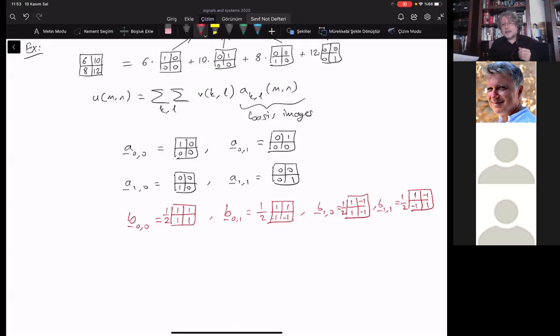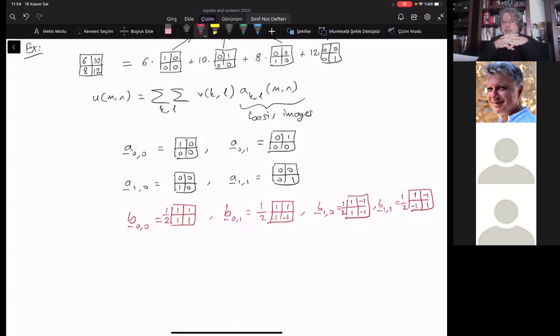And when you take the inner products of one another, like B0,0 inner product with B0,1, in half of the cases, positive 1/2s will multiply with positive 1/2s. In the other half, positives and negatives will be multiplied. So half of them will be -1/4, half of them will be 1/4.